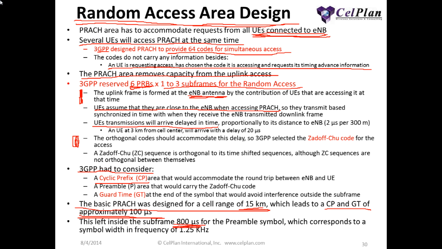So in principle, to get only one symbol, a preamble, we need to change our OFDM step in terms of subcarriers, and instead of using 15 kilohertz spacing between subcarriers, we will use 1.25 kilohertz spacing between subcarriers.